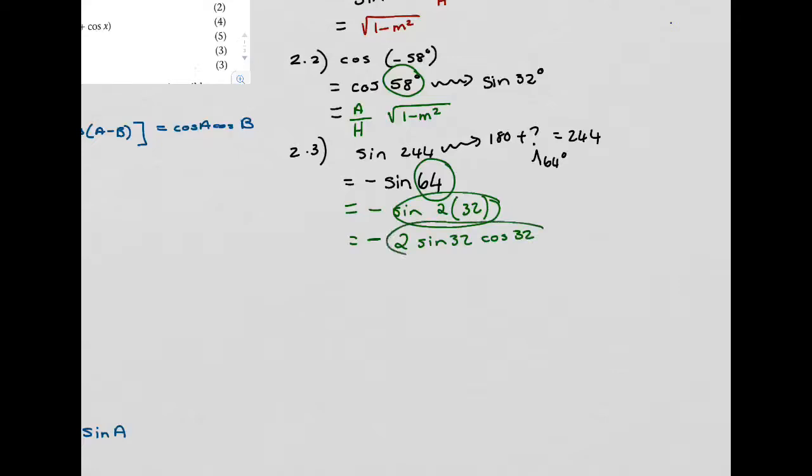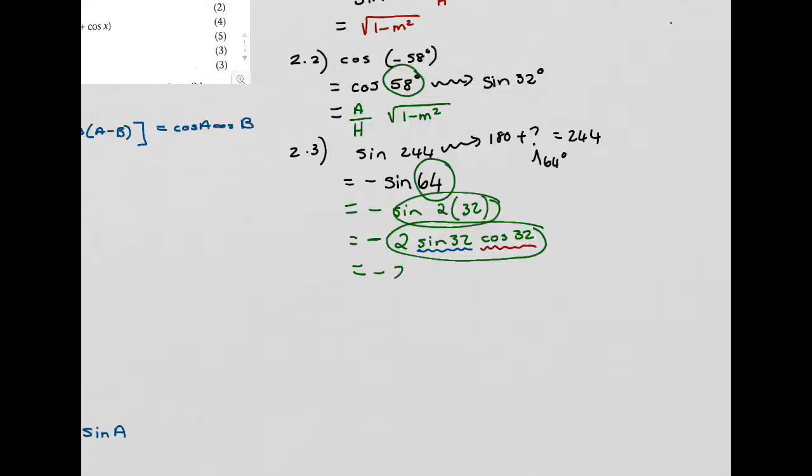That is the representation of a sine double angle. It's one of your formulas, one of your identities. So now instead of sine 32, we can put in our opposite over hypotenuse from our 32, and instead of cos, we can go adjacent over hypotenuse from that point.